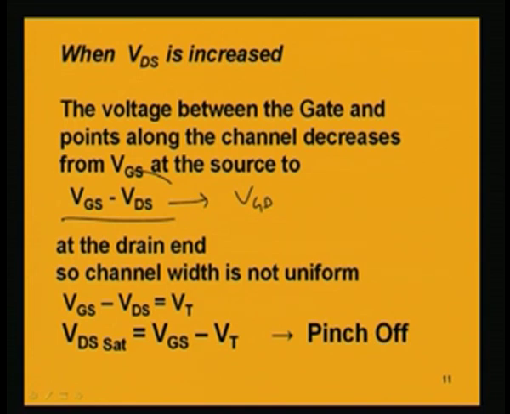So, if we go on increasing this VDS, the voltage between gate and drain will be reducing, and that is why the channel width will be reducing and reducing towards the drain.